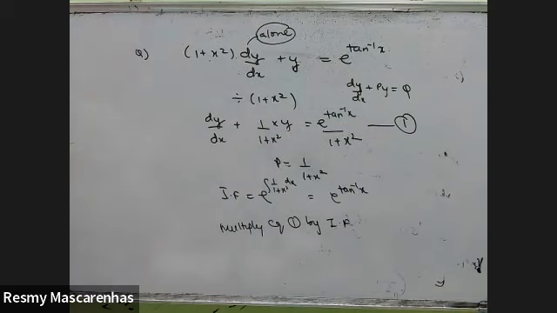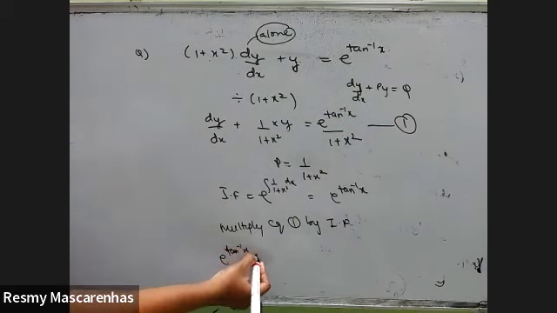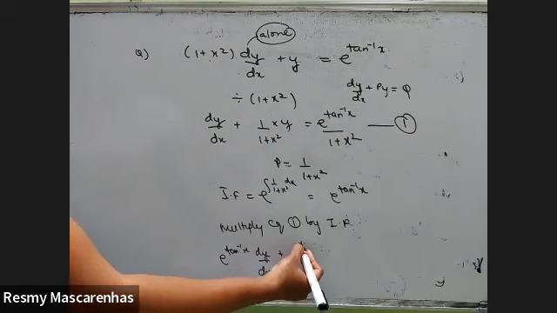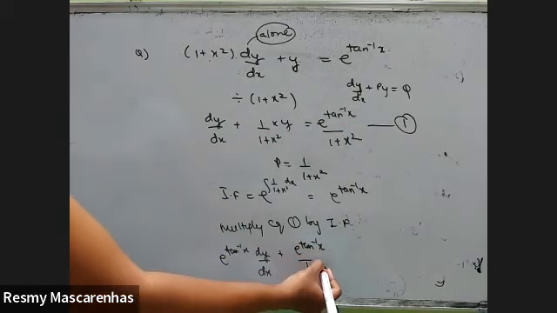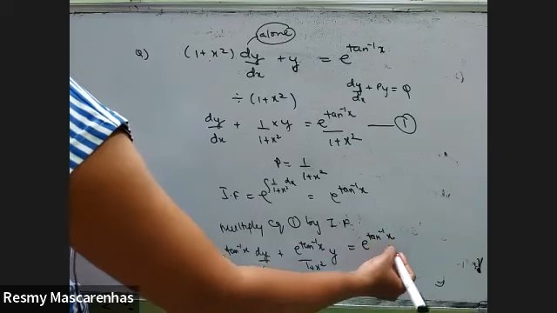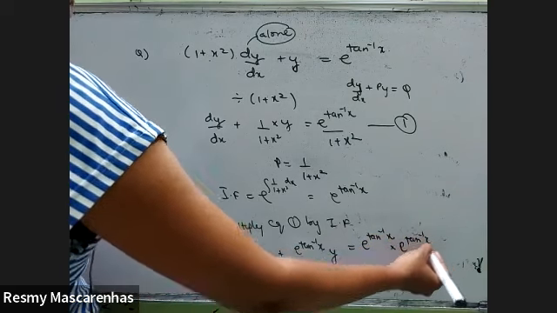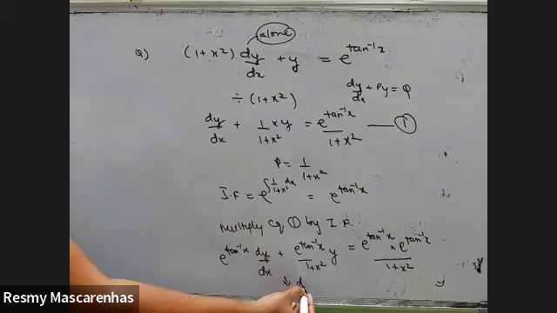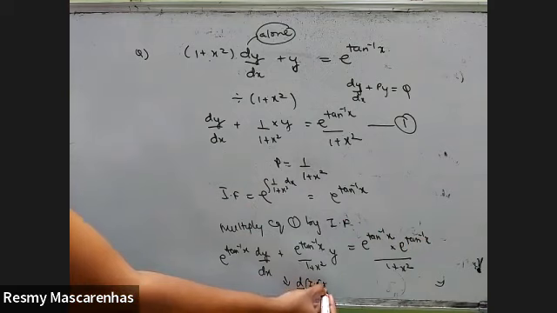So the entire equation will get multiplied by the integrating factor. And now you know that after that it should always end up as the derivative of integrating factor into y.